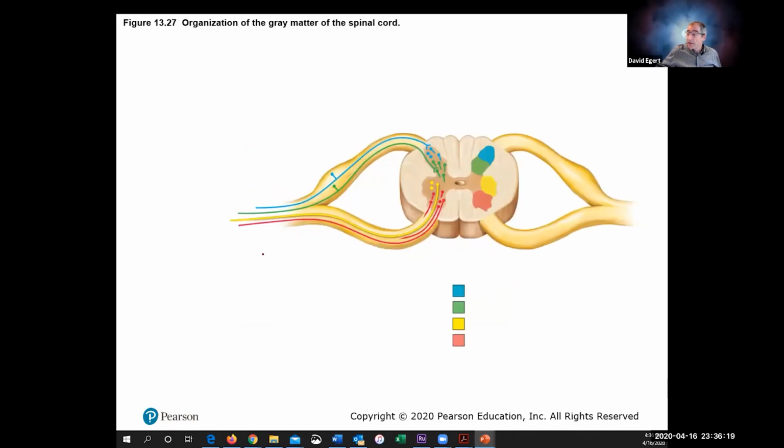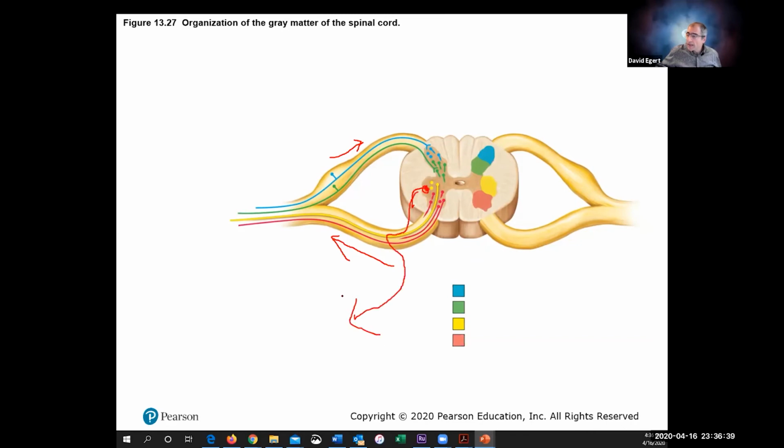This is kind of showing the idea of motor going through ventral roots and dorsal roots. If I have my autonomic motor, they're going to start more in the lateral horns, and they're going to take a detour.